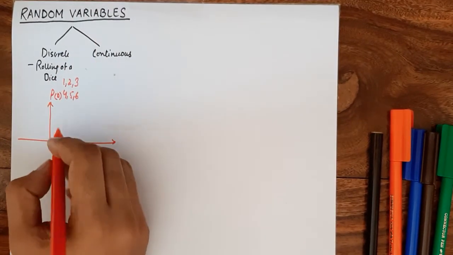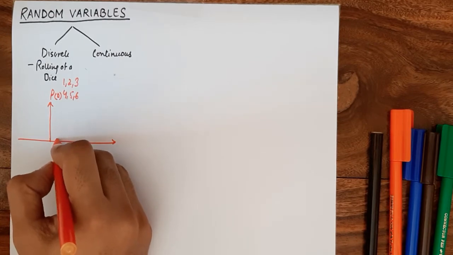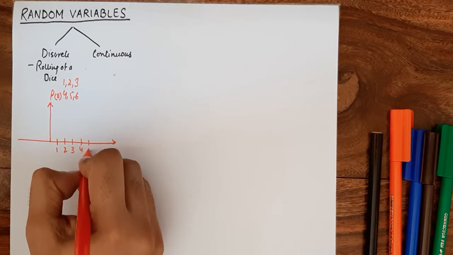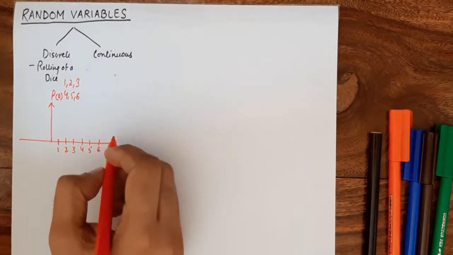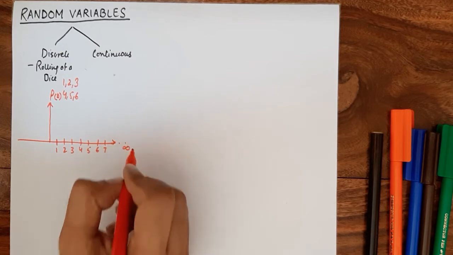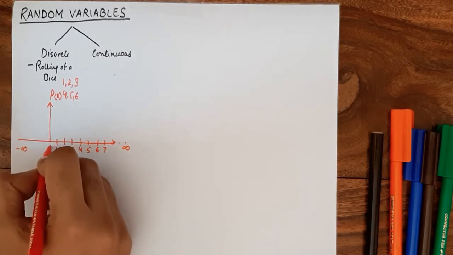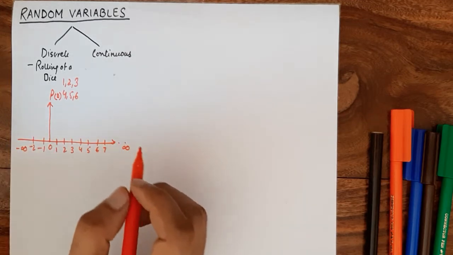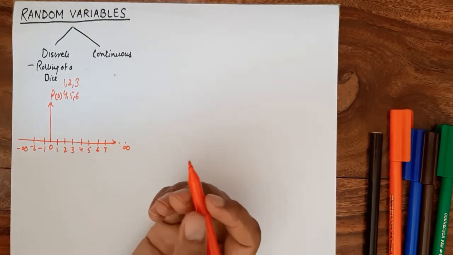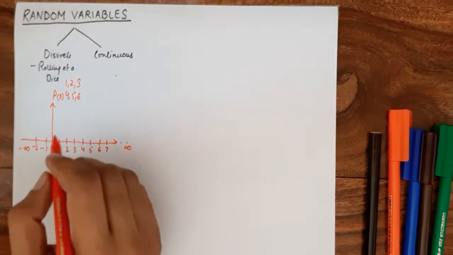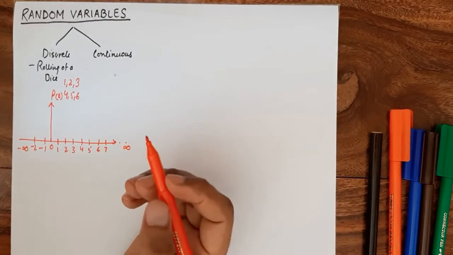are the variables. So we'll see that it has only 1, 2, 3, 4, 5 and 6 as the meaningful outcomes, and all the other values up to infinity and up to minus infinity, 0, minus 1, minus 2 and all those values, they are needed to be plotted in the probability distribution function or the probability distribution graph.